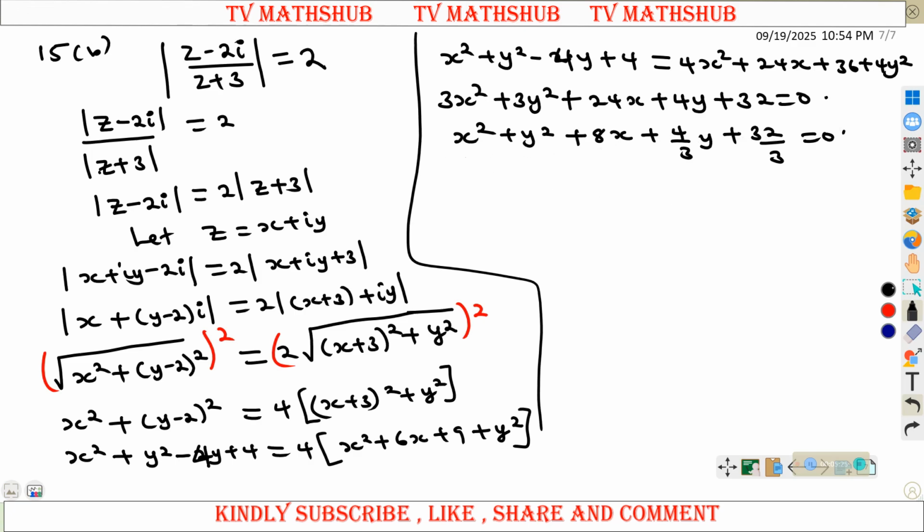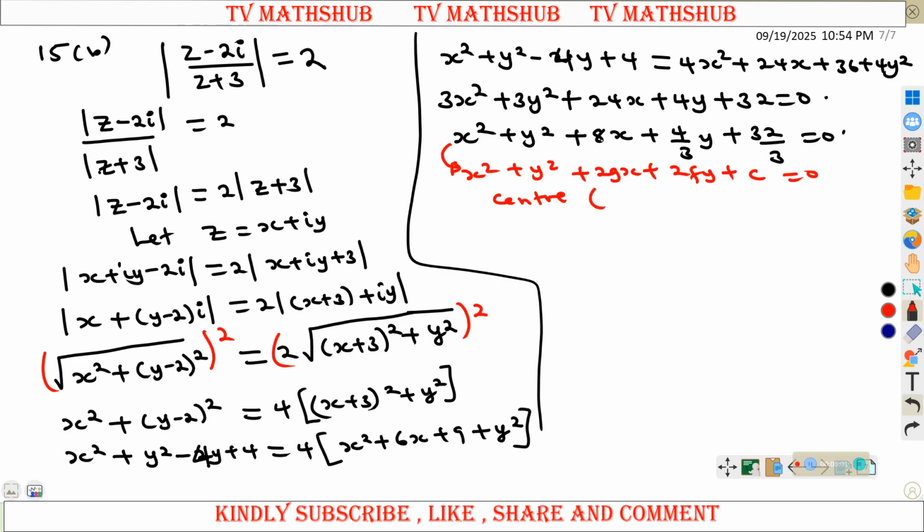When you look at this and the general equation, which is x squared plus y squared plus 2gx plus 2fy, then plus c equals 0, you realize this is in the form of a what? The form of a circle. So this one here describes the locus of z, which is an equation of a circle. So you can go on and get the center of the circle.